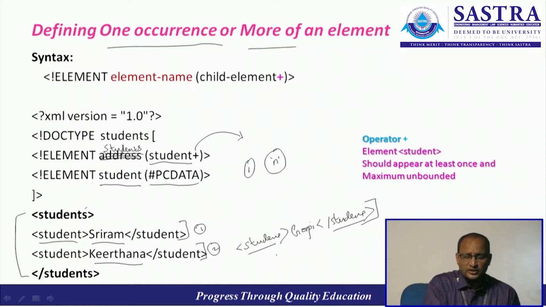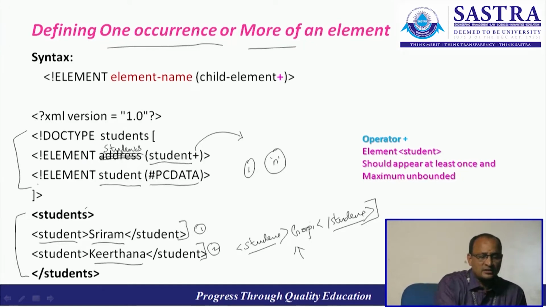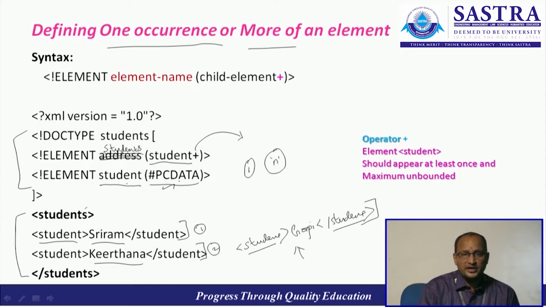In between, I should not include any child element for the student, because as per the document type definition, students is a parent element and student is a child element, and the child which is carrying only text is not defined with any child elements. So what is the operator? We learned plus is the operator used for specifying one or more occurrences for the same element.